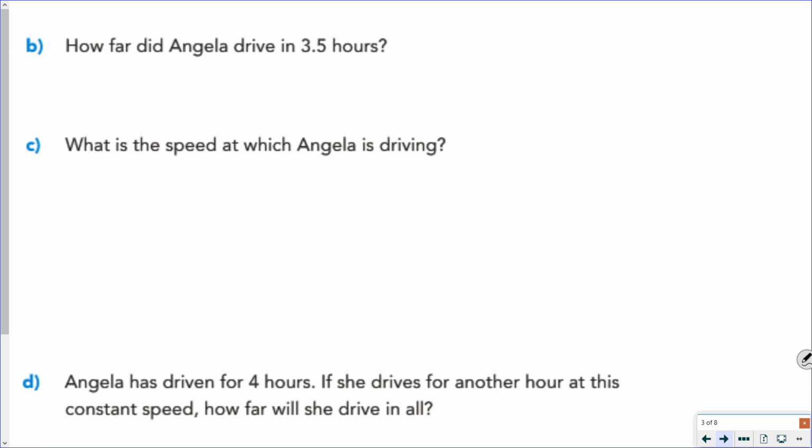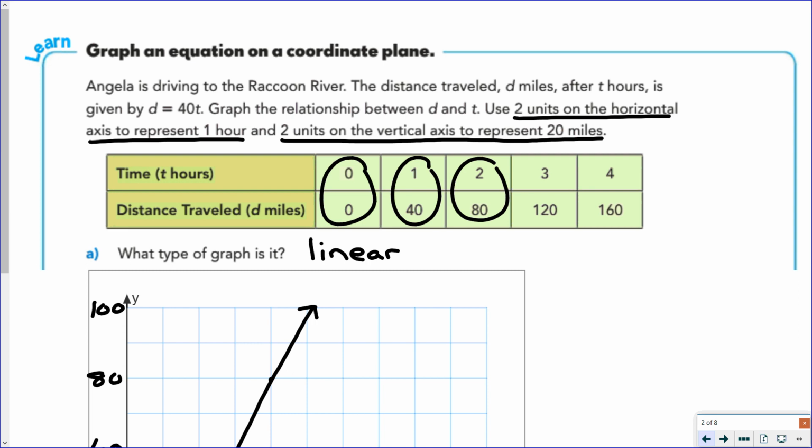Okay. So now I have some questions I need to answer based on the graph. So the first one is, how far did Angela drive in 3.5 hours? So there's 3 things I can do. One is I can use this equation because I know that 3.5 is the amount of time, so I can plug that into my equation and solve for the distance. Or I can use my table.